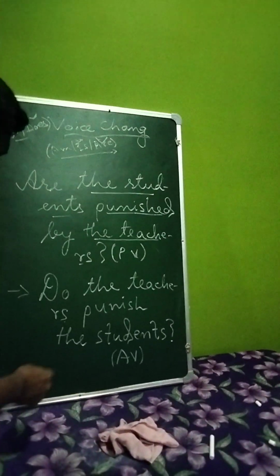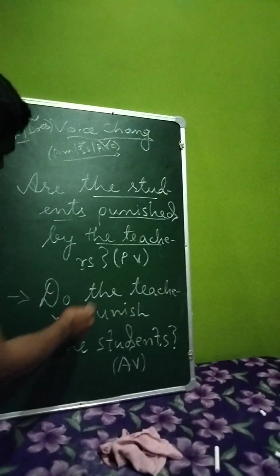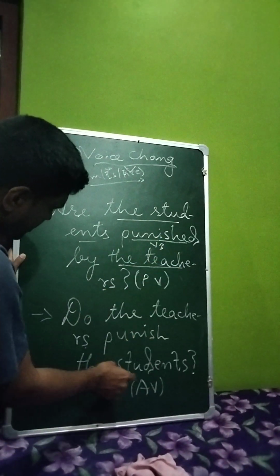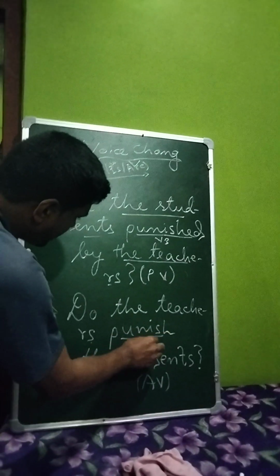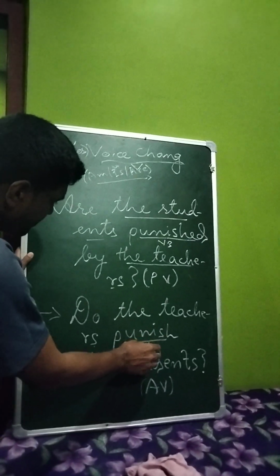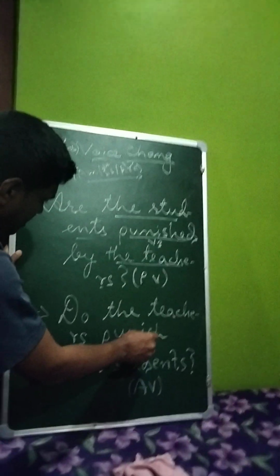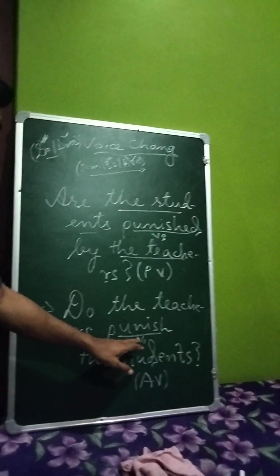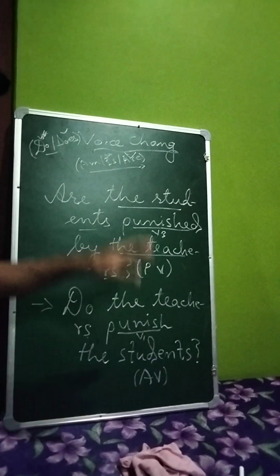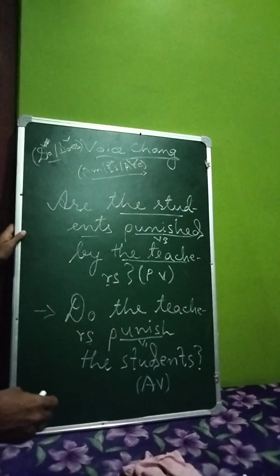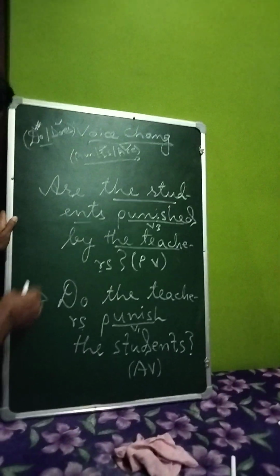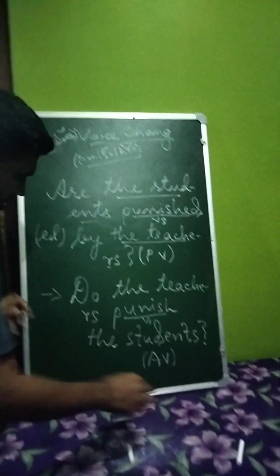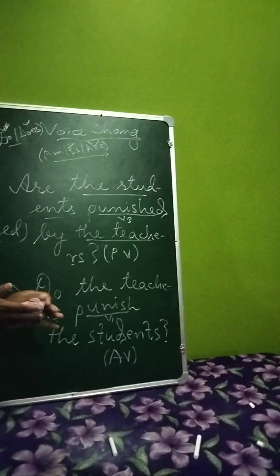Another thing I am going to tell you: this is verb 3, punished, and in active voice you have to convert it into verb 1, punish. This type of verb, which becomes verb 2 and verb 3 by adding ed, is called a regular verb. So I hope you understand it, and next time I will teach you again. Thank you.